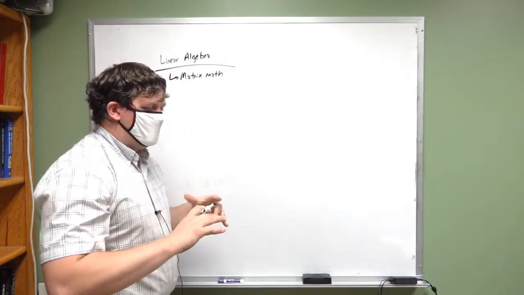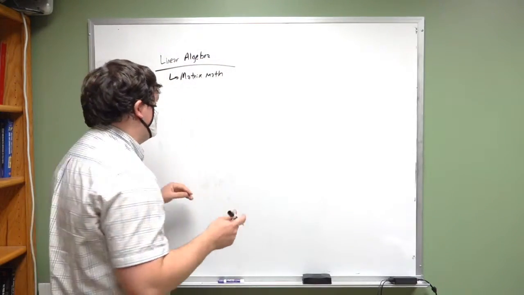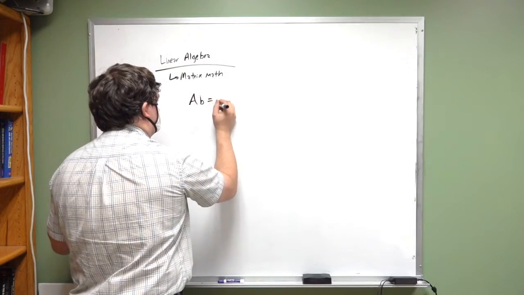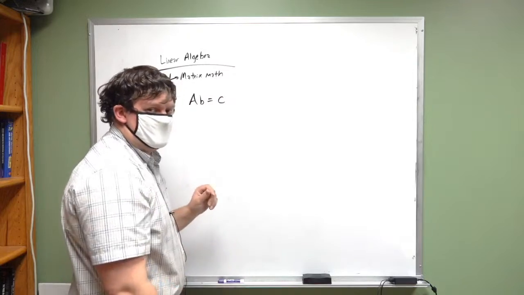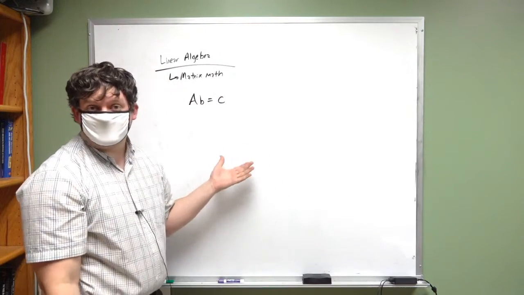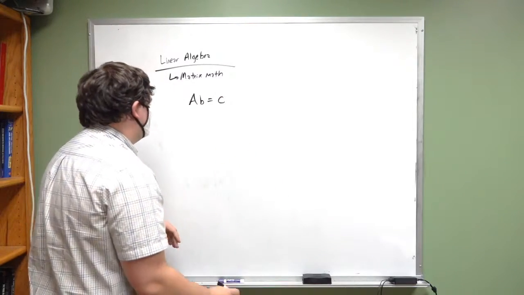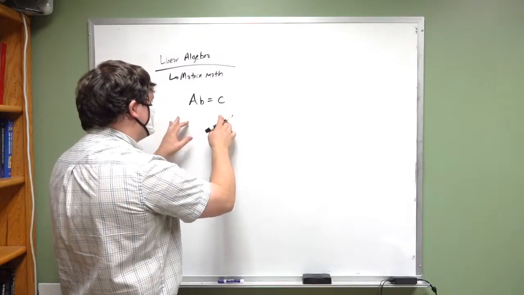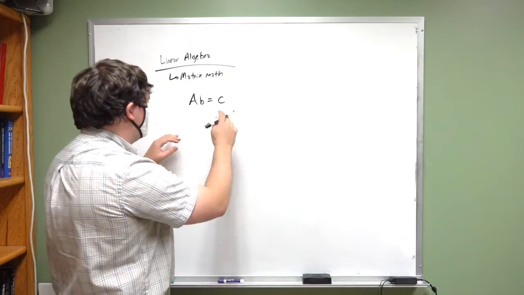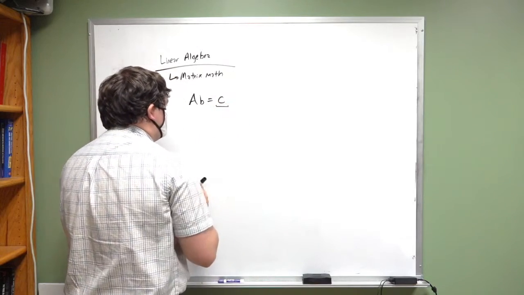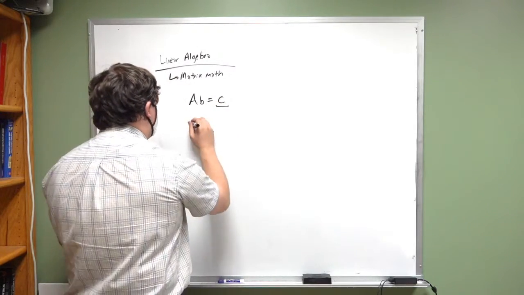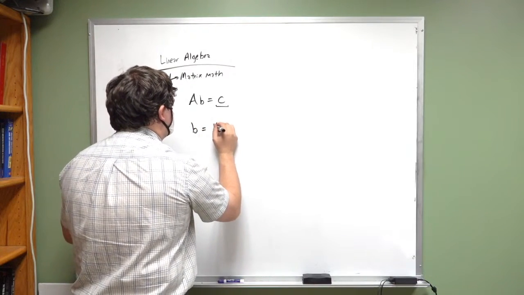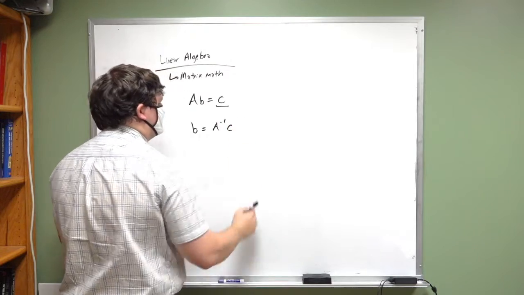The whole goal behind using matrix math is that if I have a matrix multiplied by a vector equal to another vector, which is what our solution was last time, I can solve this system for whatever that vector is.